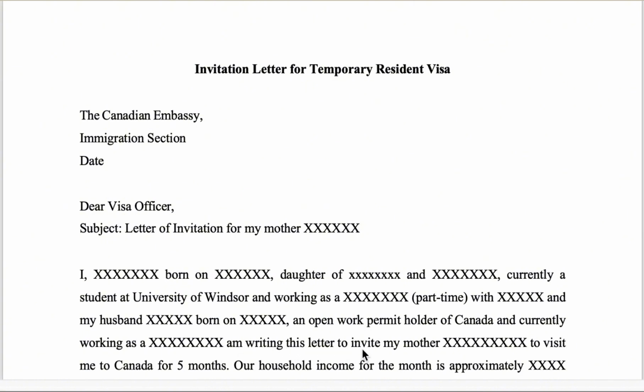I'm writing this letter to invite my mother's name to visit me in Canada for 5 months. So tourists can stay in Canada only less than 6 months. If they are in Canada, they have to go back to their country or visit any other country, then come back to Canada.